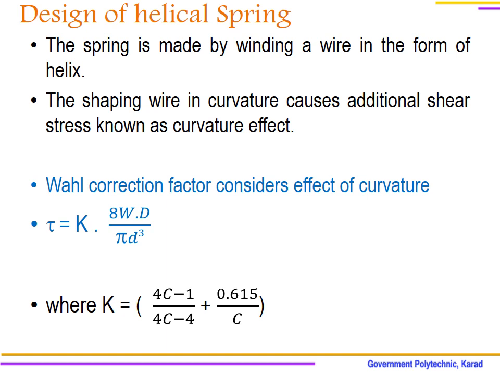So when we are supposed to design springs without considering the effect of curvature, if springs are larger, the curvature effect will be very small. So a spring of larger coil diameter can be designed by using simply Ks.